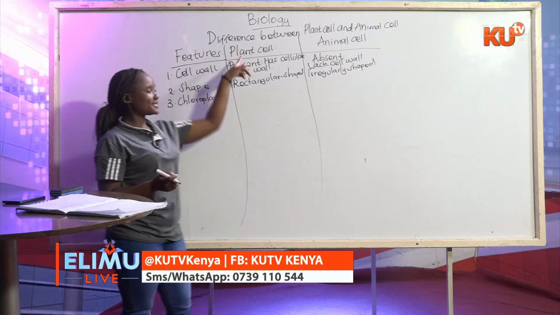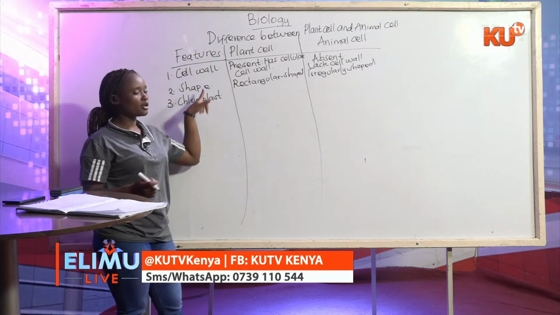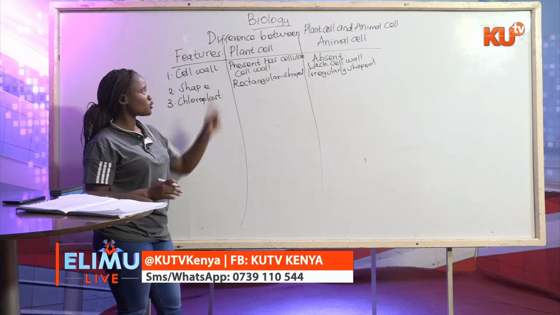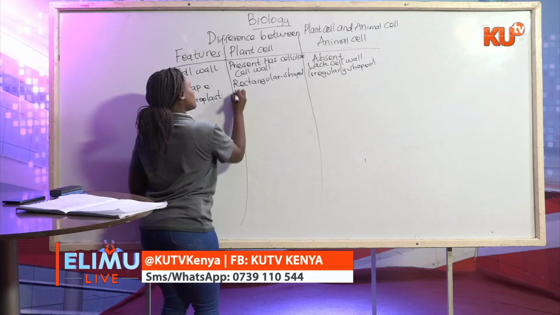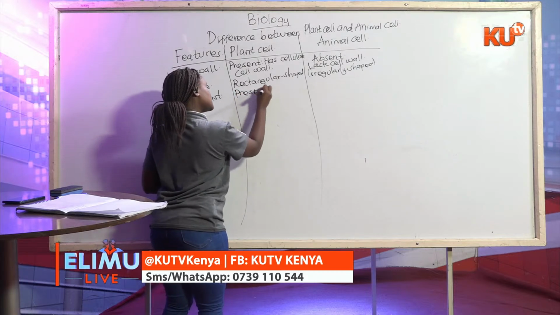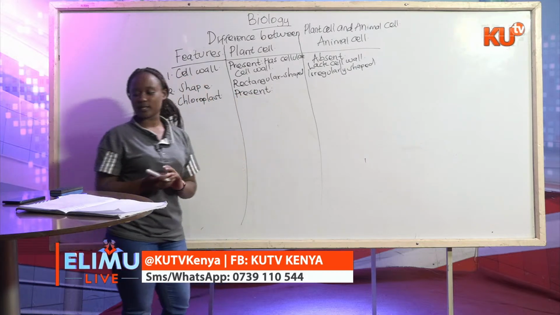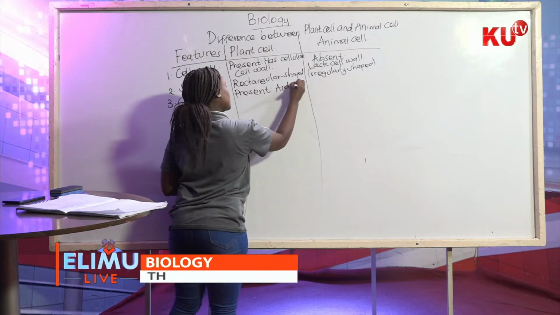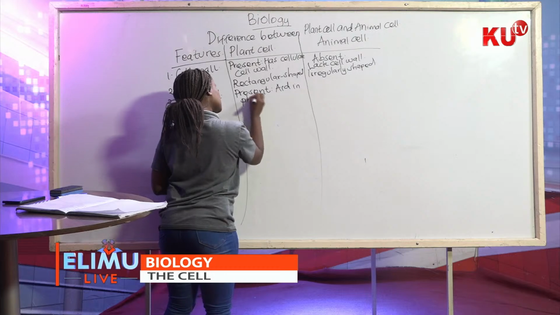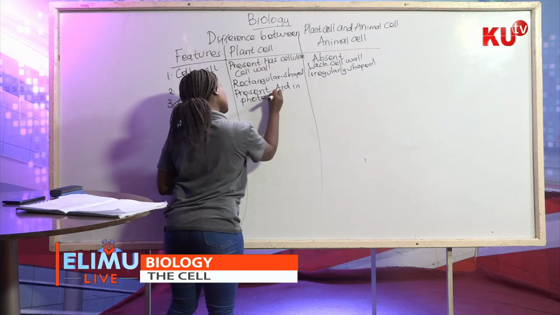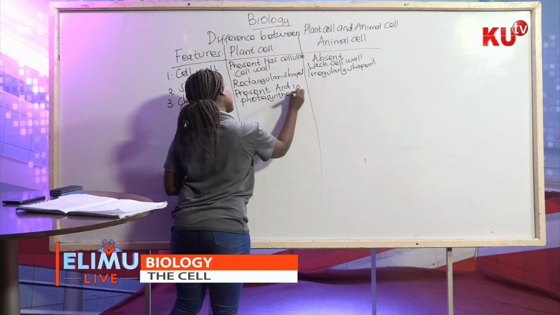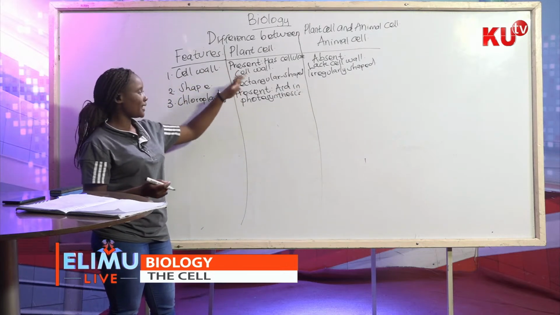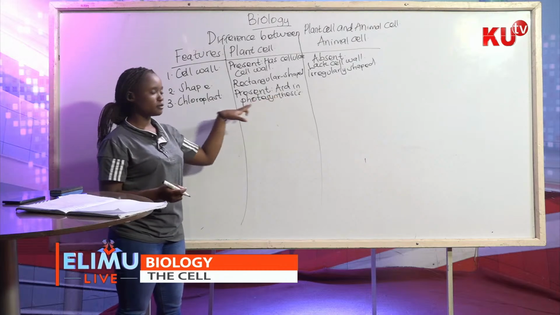Plant cells require chloroplast for the production and making of food. So in plant cells, of course, the chloroplast will be present, which will aid in photosynthesis.